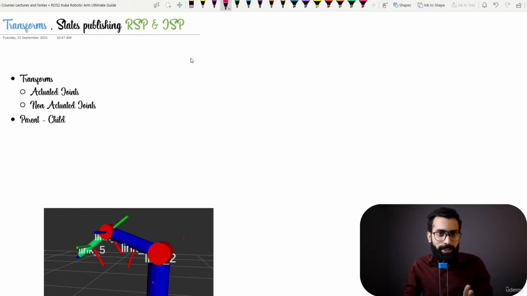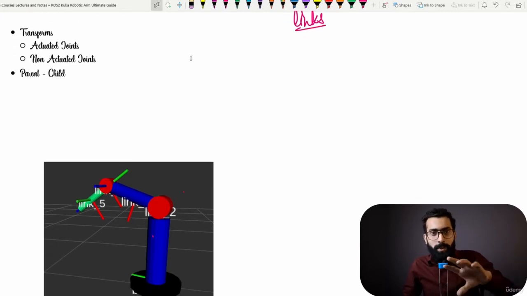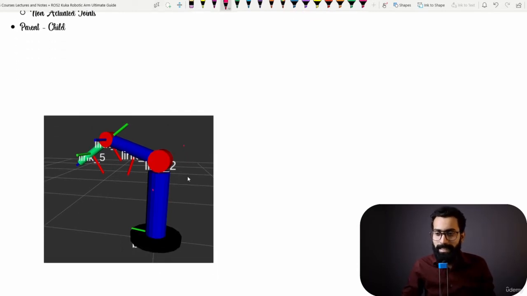There are two major things when we are making a robot: joints and links. In our case, joints are the points where motion happens. Links are the bodies that connect those joints. In this example of our robot, you can see this whole thing is known as a link.